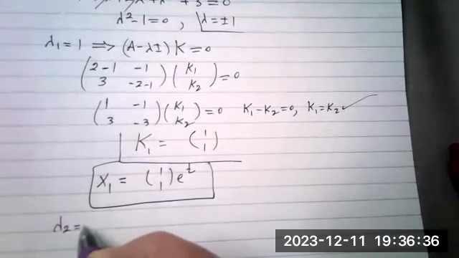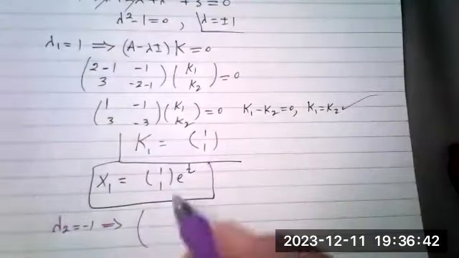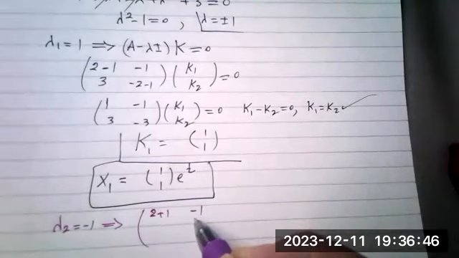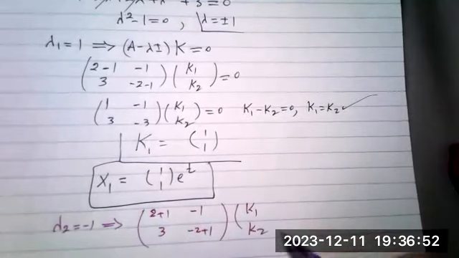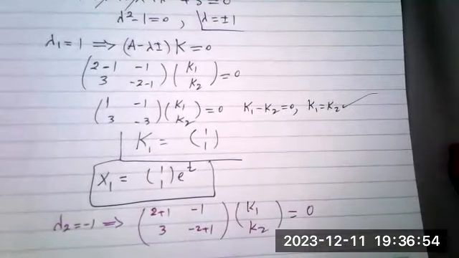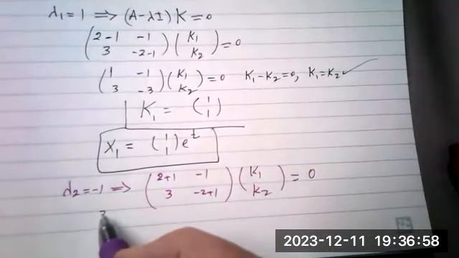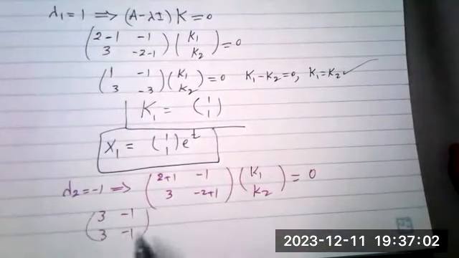So lambda 2 equals -1. Repeat this: go to that matrix again. It's going to be 2 plus 1, -1, 3, -2 plus 1, times k1, k2 equals 0. Simplify it, so that gives 3, -1, 3, -1 again.